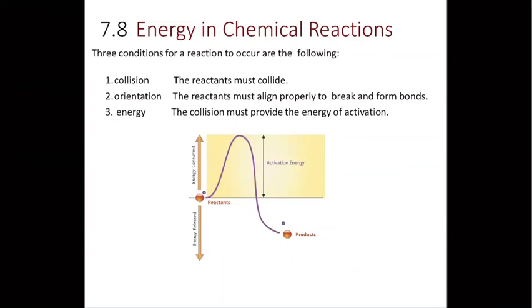The two reactants must meet each other. In other words, collide. They need to be bumping into each other. Now, in terms of the orientation, these reactants need to do it in a correct alignment, because we need to break bonds and we need to form bonds.